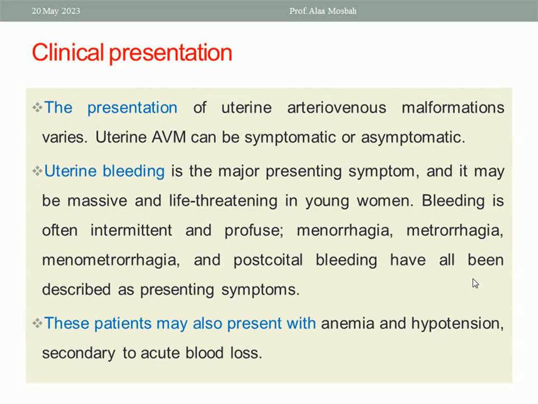These patients may also present with anemia and hypotension secondary to acute blood loss. Usually this patient comes to the emergency department in a hospital complaining of abnormal uterine bleeding that may affect the general condition, causing anemia and hypotension, and they receive blood transfusion, and then the bleeding stops.